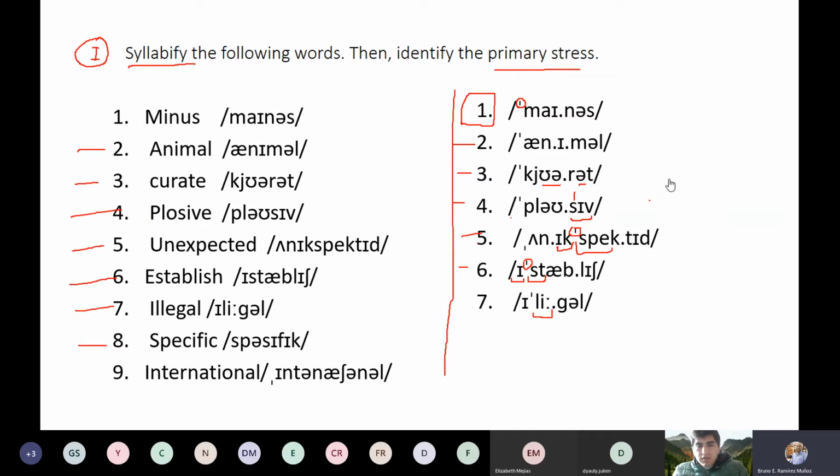What about Diana Marin? Diana, would you like to participate? Yes, I'm here. I think that there are 3 syllables, and the primary stress is in the middle, and it is specific.